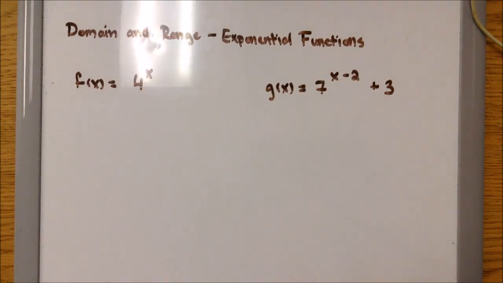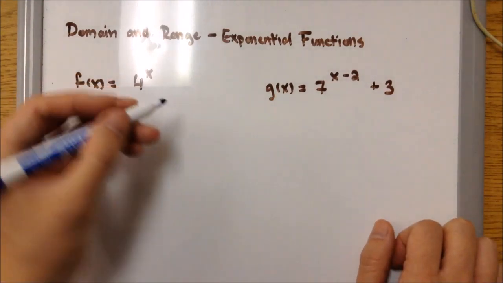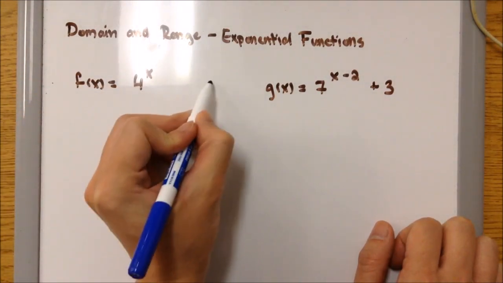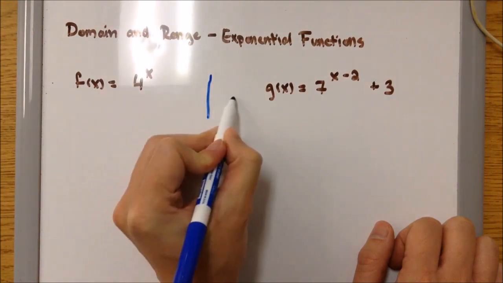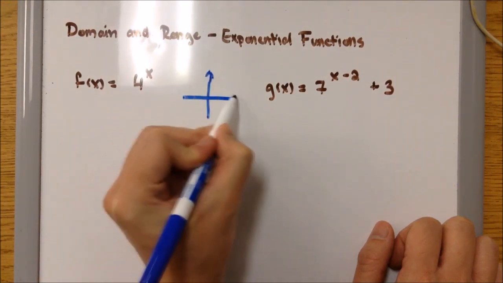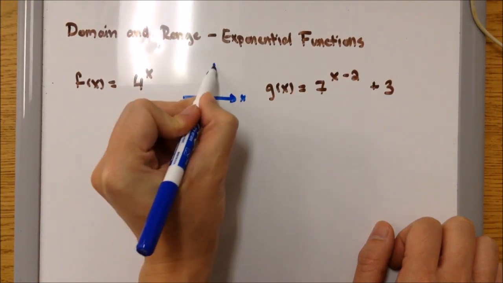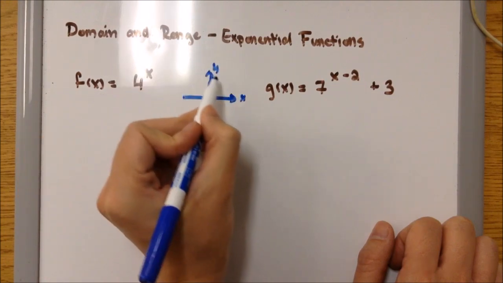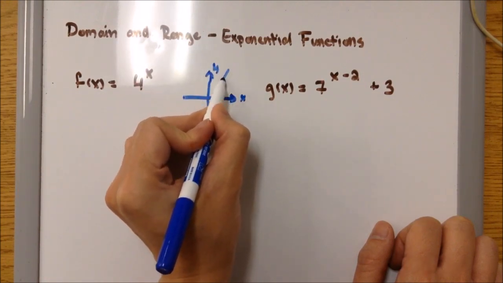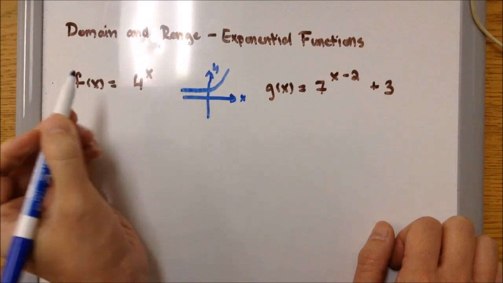In the first video with the graphs, here's my x and y axis. You see that the exponential graph is like this.